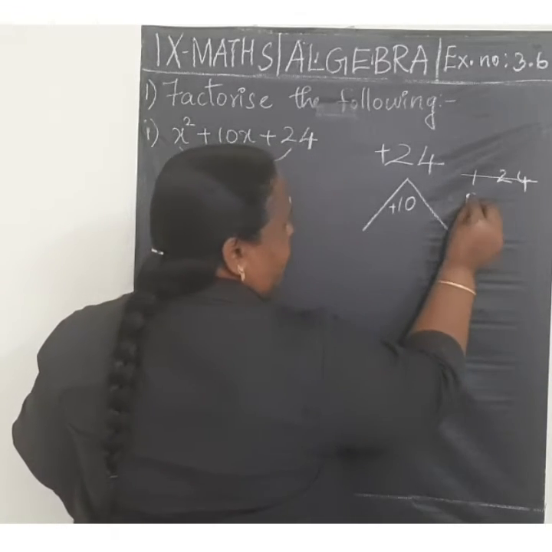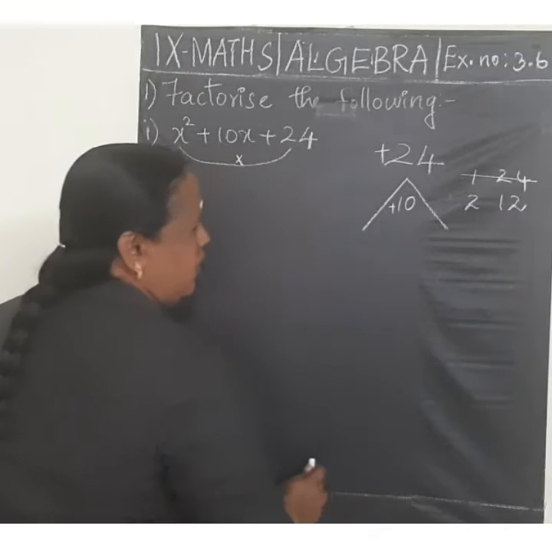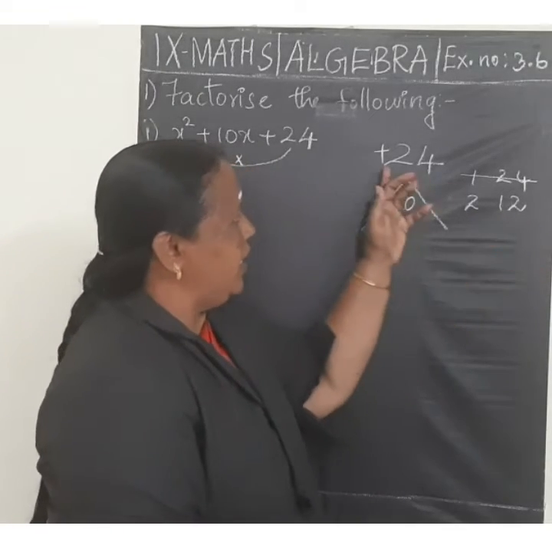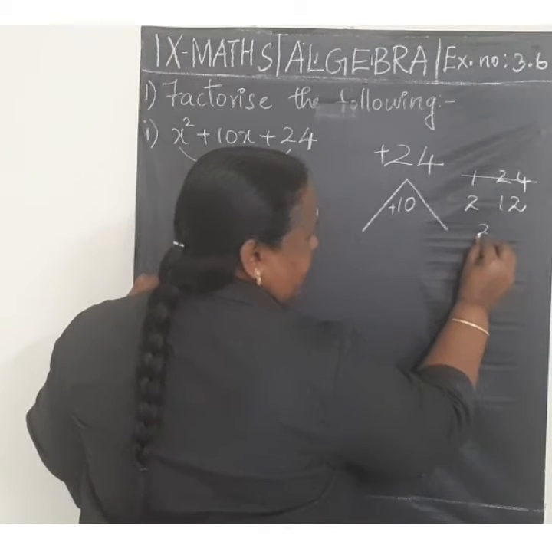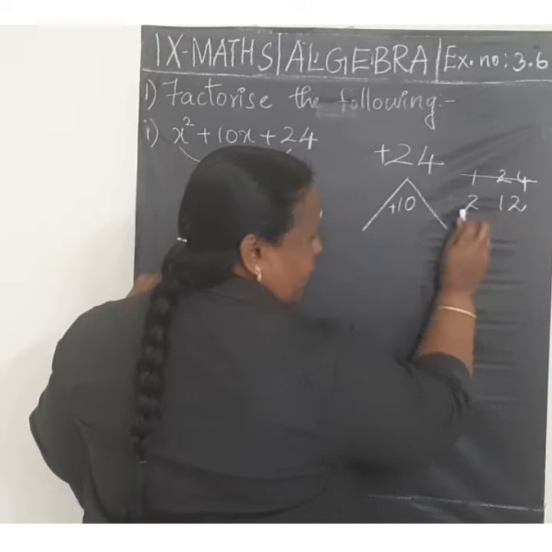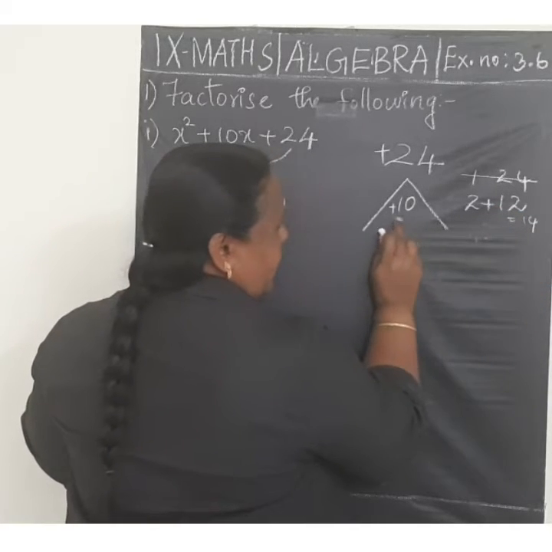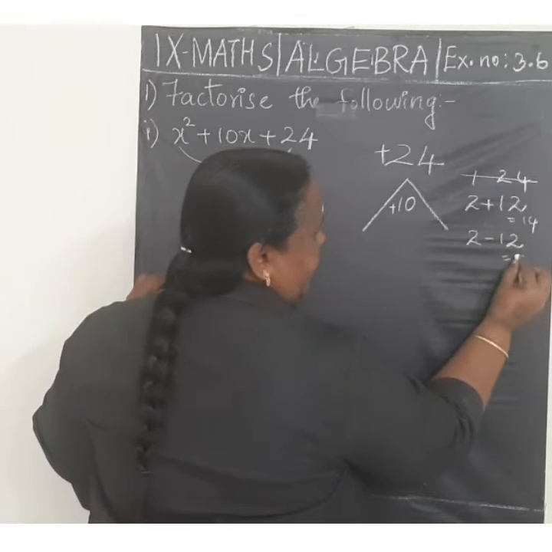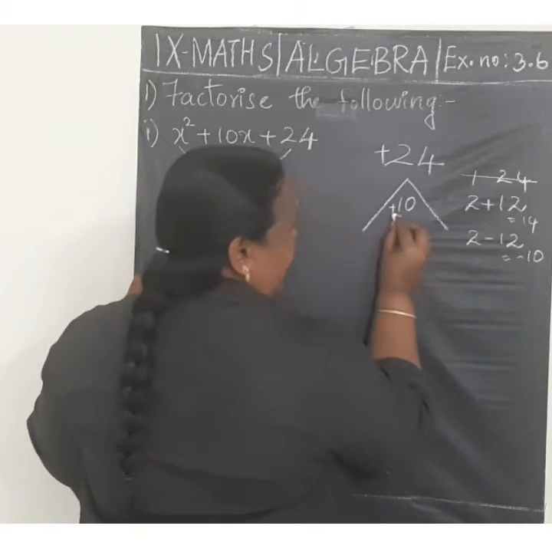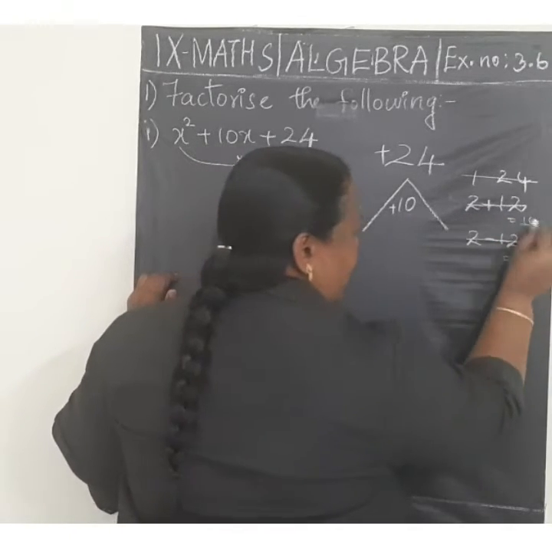Next, 2 and 12. 2 into 12 is 24, but adding gives 14, and subtracting 2 minus 12 gives minus 10, but we want plus 10, so we can't take 2 and 12 either.